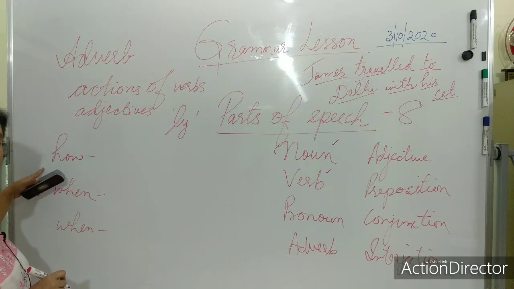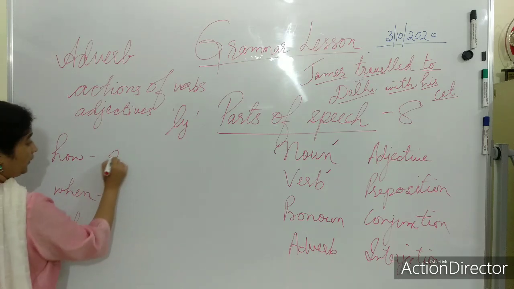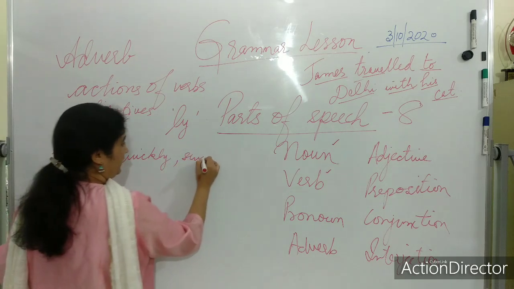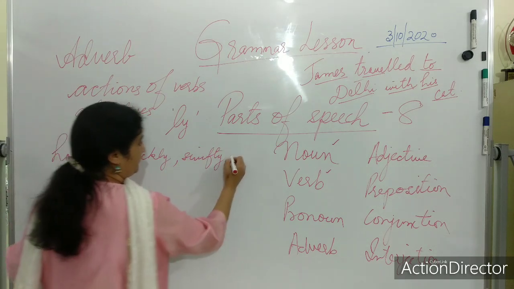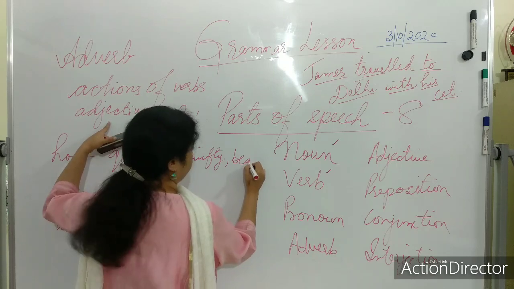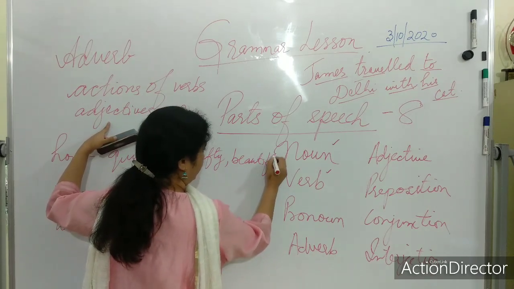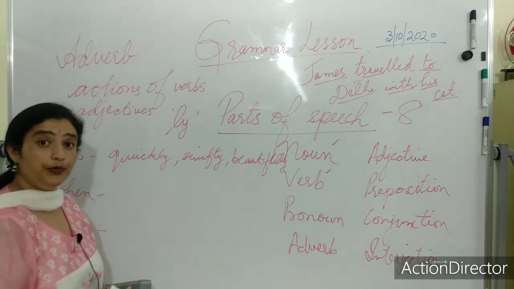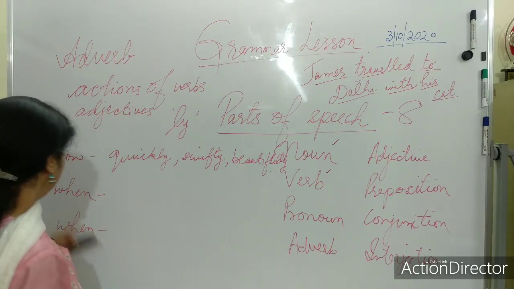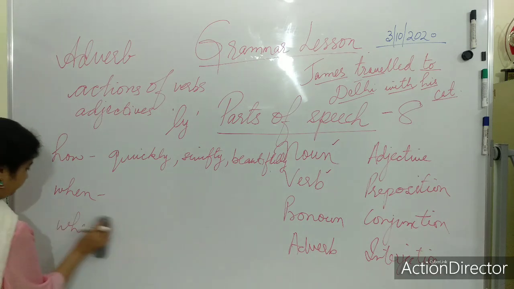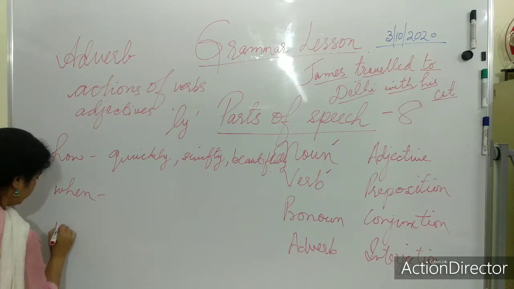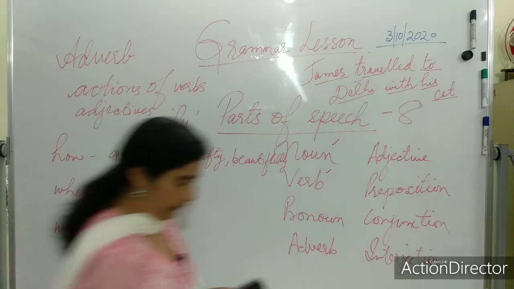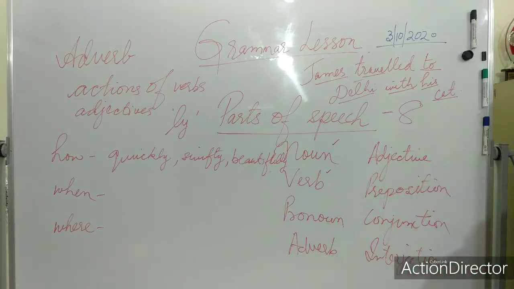How did the boy run? The boy ran quickly, swiftly, beautifully. Adjective. Adding to the adjective. Beautiful ka? Beautiful. When it answers questions like when, then what are the various examples?